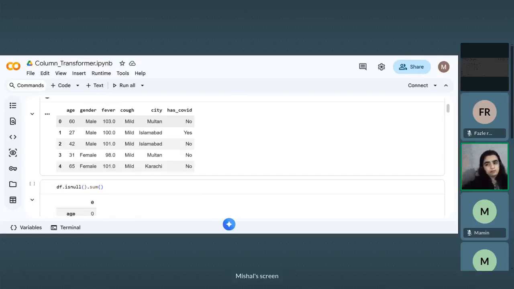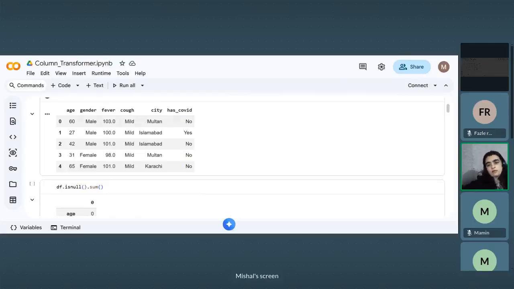Maybe there is some relation in them. So there is this hierarchy here. Then comes the gender column. There is no hierarchy there, so we can consider it nominal. So maybe on the gender and city columns, we can apply one hot encoding, and on the cough column, we need to apply ordinal encoding.